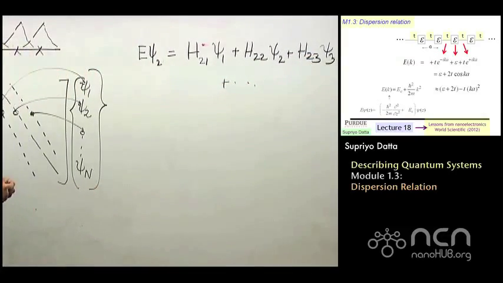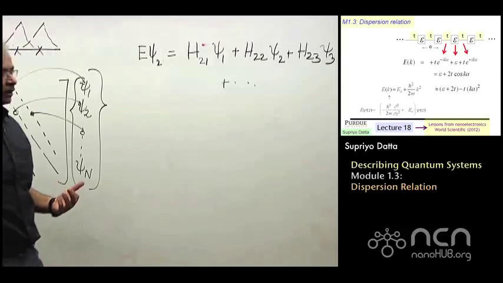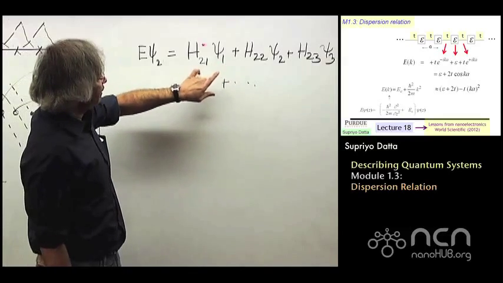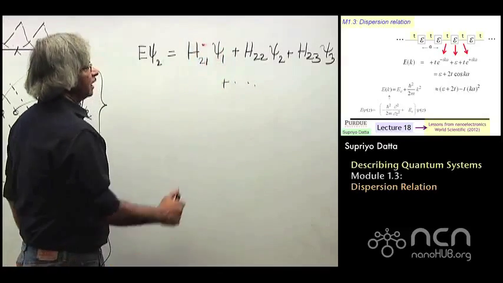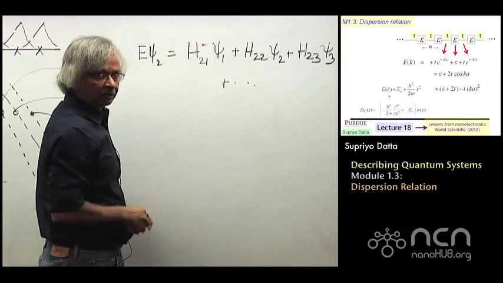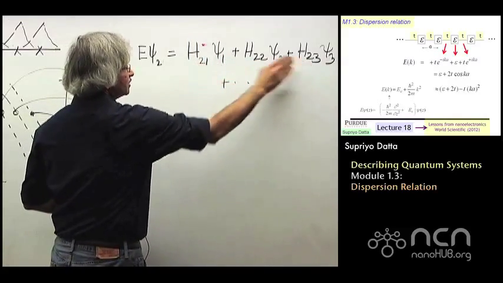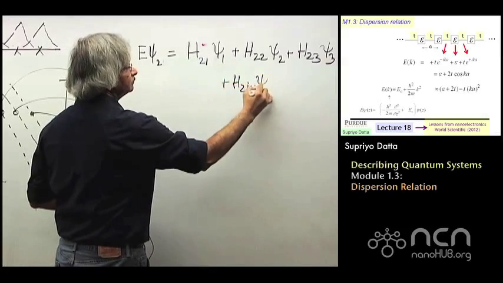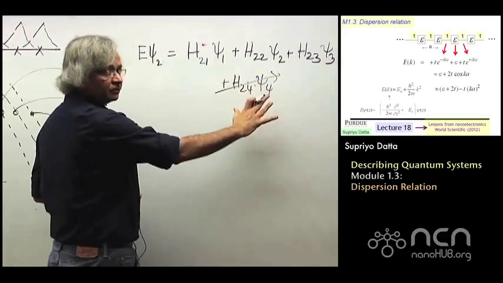And nearest neighbor models mean that the only non-zero elements are those for which these two indices differ by no more than 1. So 2, 2 is fine, 2, 3 is fine, 2, 1 is fine, but 2, 4 is 0. So after that, it's all zeros.